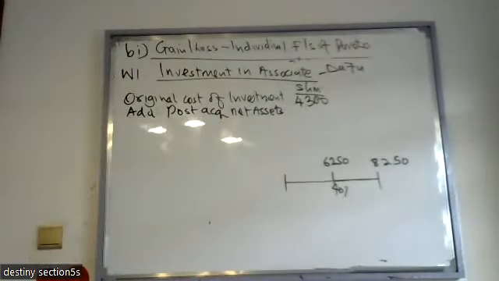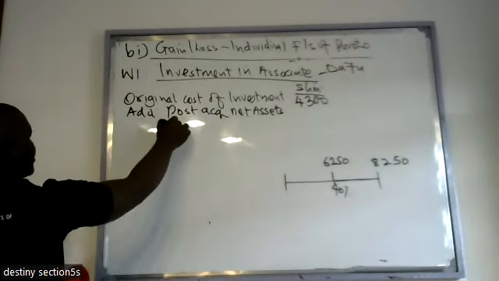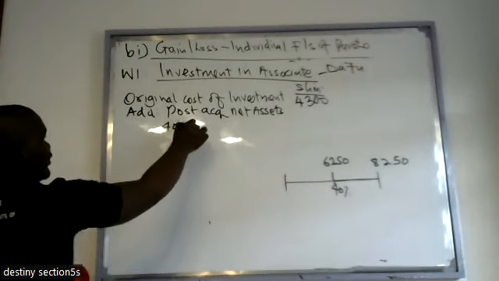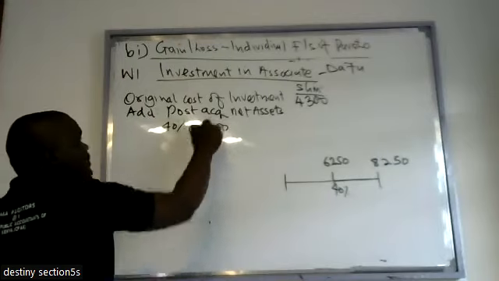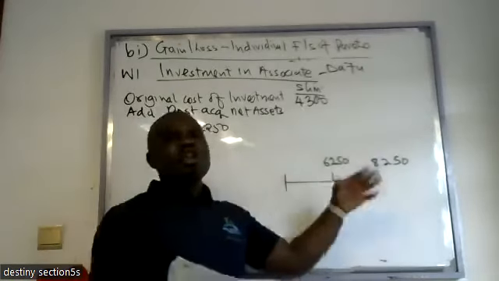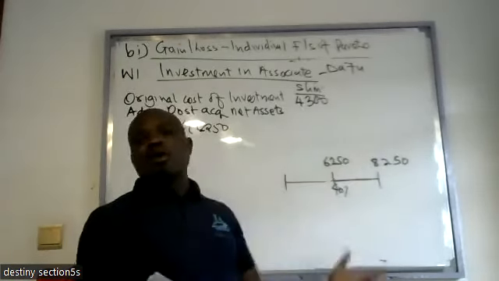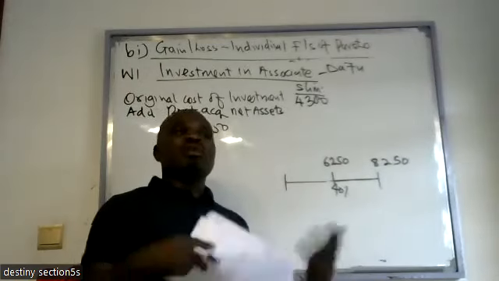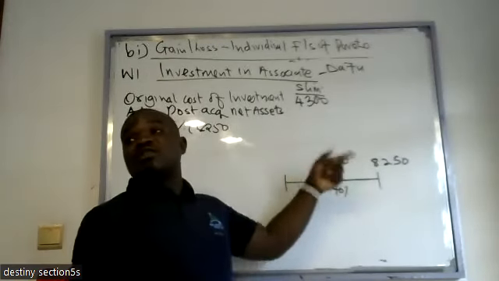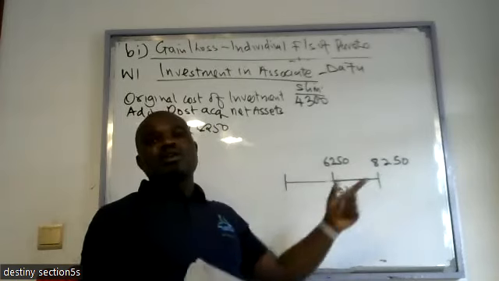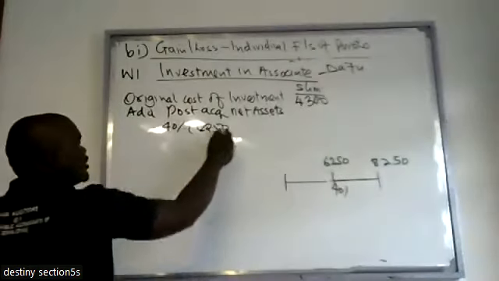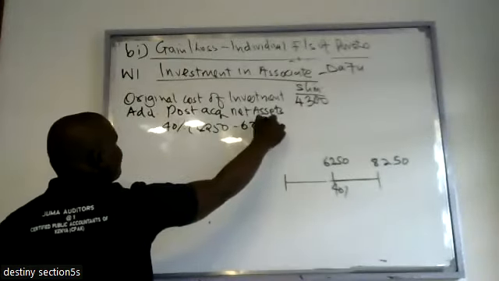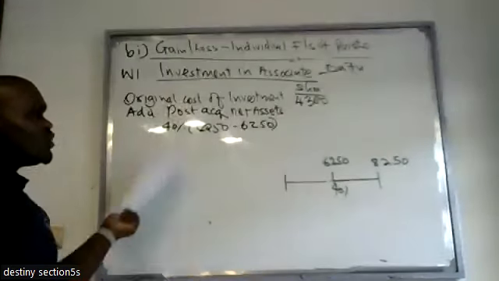So it will be 40% of 82.50. And you know why I'm taking the total net asset? Ordinary is not changing, premium is not changing. What is changing is the profit. So 82.50 minus 62.50. That is 2000.